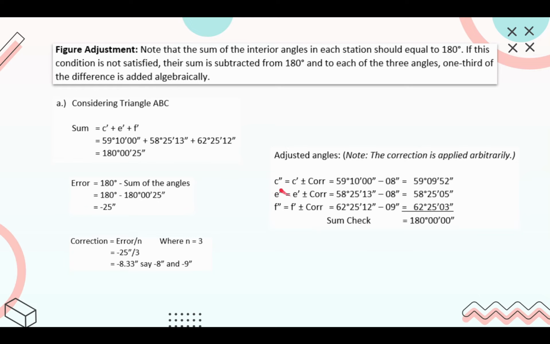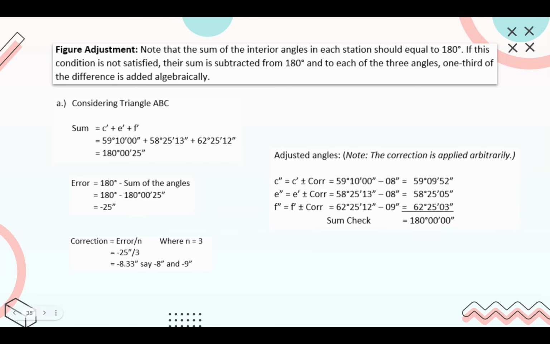For C double prime, we subtract the correction from C prime. Our correction is a negative value, so we subtract it from C prime. So 59 degrees, 10 minutes and 0 seconds minus 8 seconds is 59 degrees, 9 minutes and 52 seconds. For E double prime, we subtract 8 seconds from E prime.